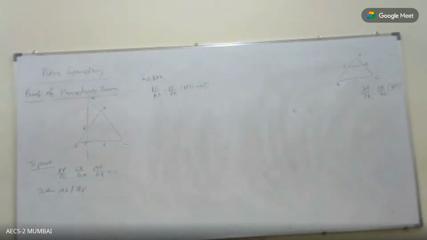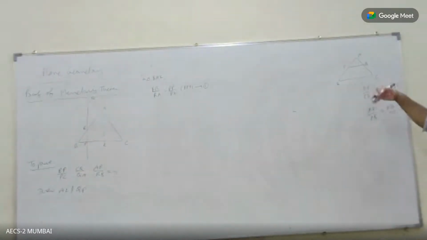Then there are some corollaries of BPT. We have some more results which will follow from this basic result. What are those? I can say AP by AB equal to AQ by AC. This is called a corollary of BPT.